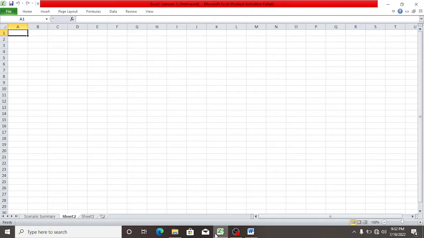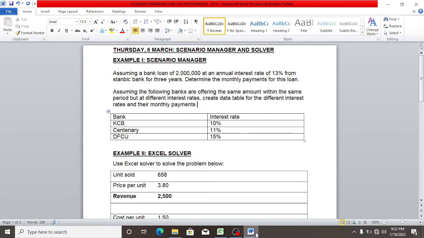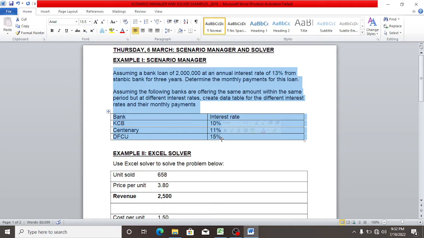In today's video, we are going to look at the data table in Excel, and we are going to look at this question. Let me highlight it. So this is the question that we are going to look at. Assuming a bank loan of 2 million at an annual interest rate of 13% from Stanbic Bank for 3 years, determine the monthly payments for this loan.